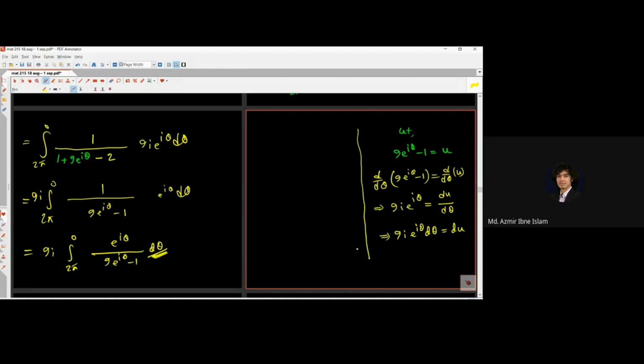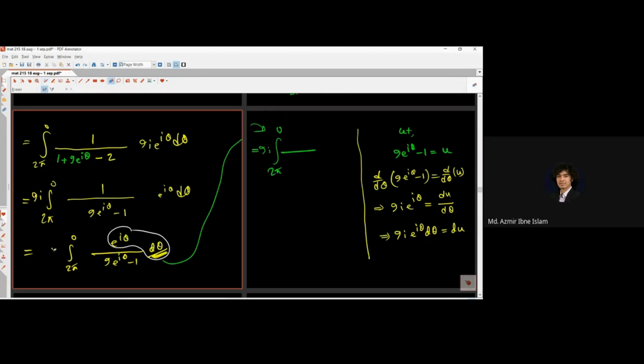This is the U-substitution method. Now from this integral, at the same time we have to convert the limits, right? Yes, sir. Or we can also keep this one, that means the limit is 2 pi to 0.